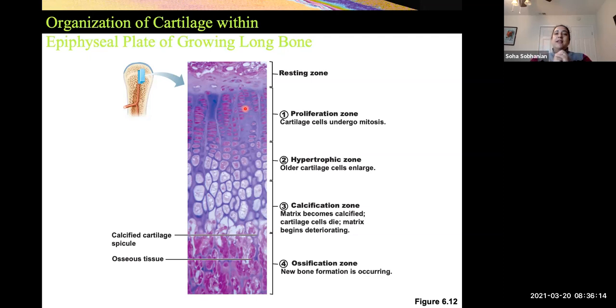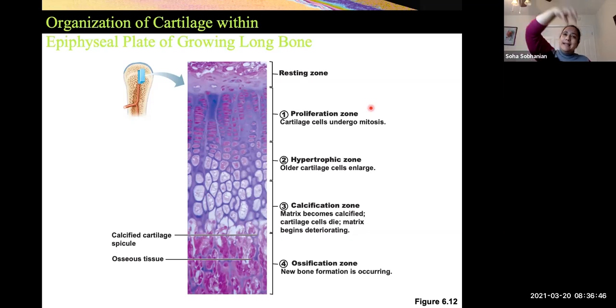Now, here's the thing. What happens when that person is transitioning from adolescence to adulthood? Pay attention to this, guys. During that process, the proliferation zone, which is responsible for adding cartilage, slows down. The rate at which I was forming bone stays the same.